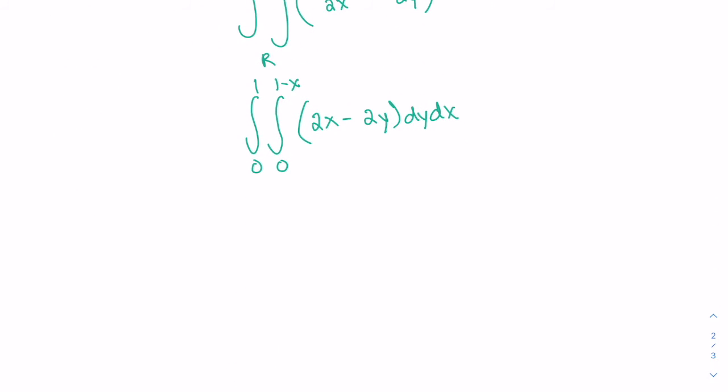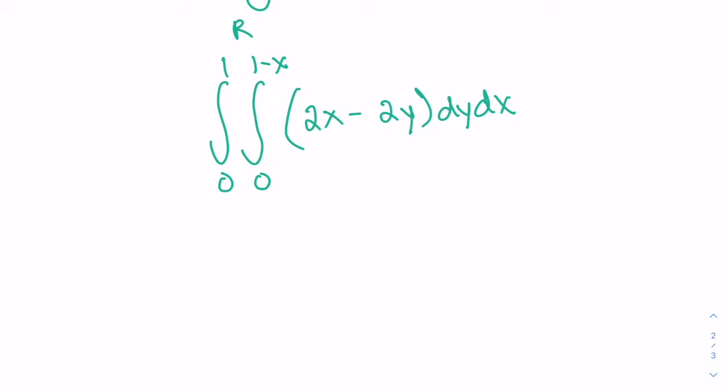If we integrate in terms of y and plug in 1 minus x for each of those, let's see, we'll end up getting, if I can do this in my head, negative 3x squared plus 4x minus 1, right, all of that dx.